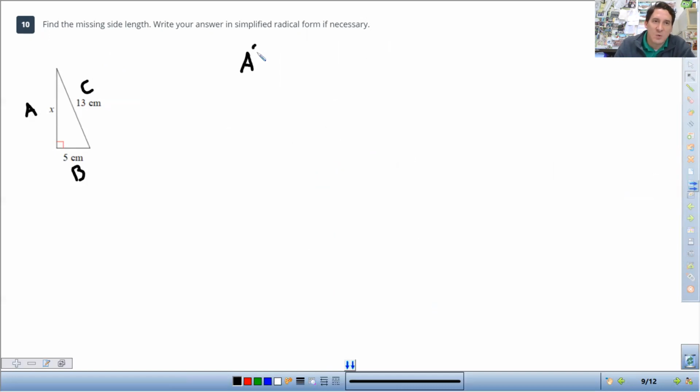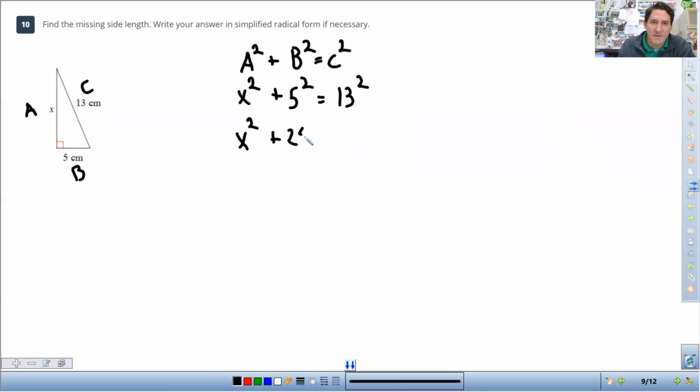So we have A squared plus B squared is equal to C squared. A is X, B is 5, C is 13. So X squared, just leave it as X squared, plus 5 squared is 25, is equal to 13 squared, that is 169.